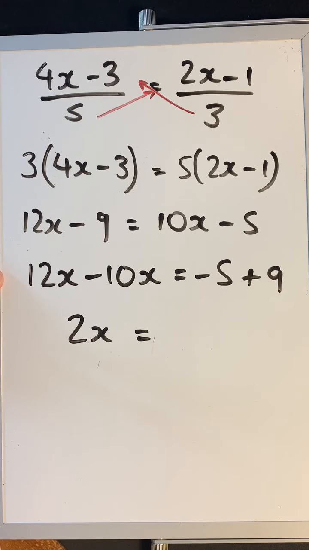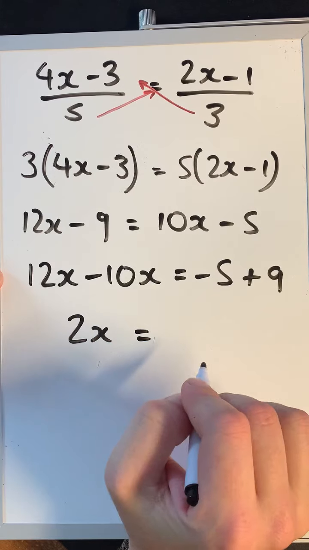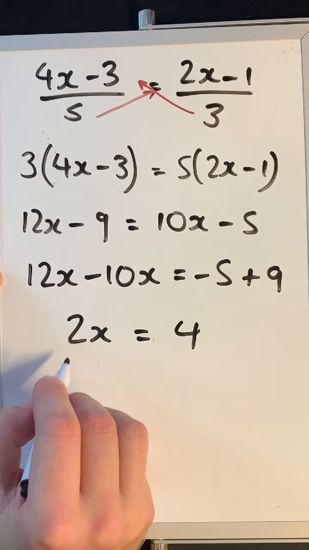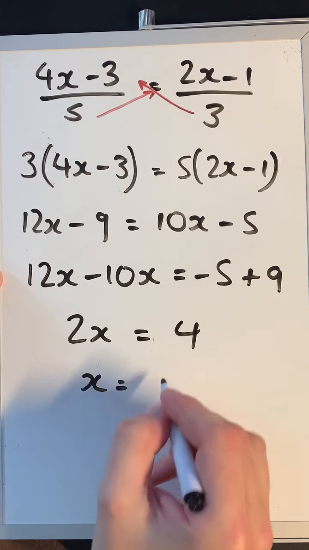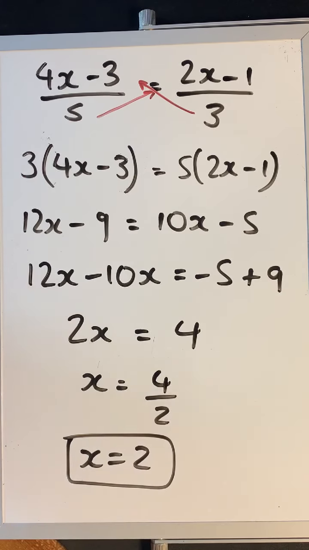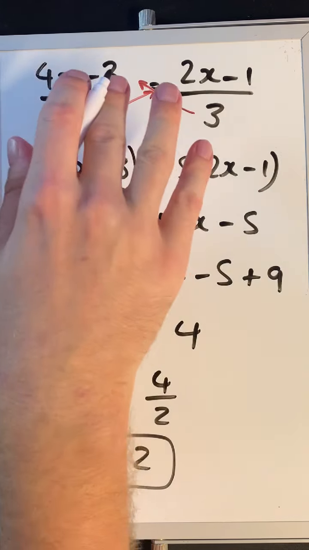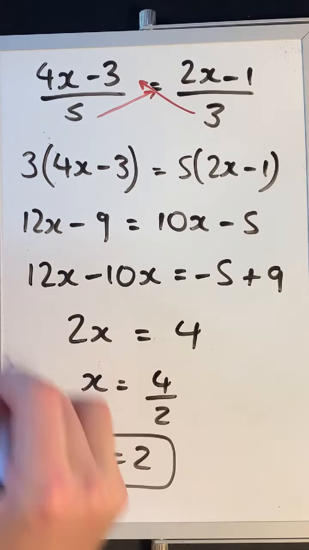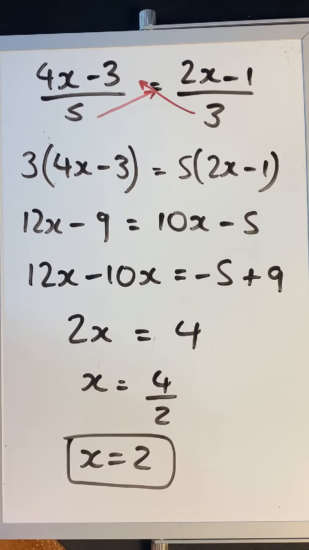And on the right-hand side, we've got minus 5 plus 9, which will give us 4. Divide through by the 2. And we've got x equals 2 as a solution. So slightly different at the start, but we end up doing the same thing further down in the solution.